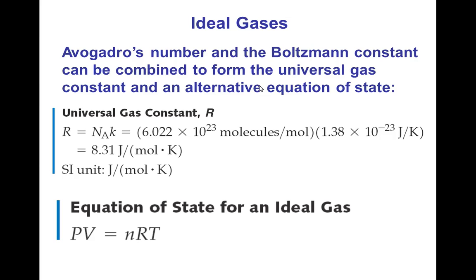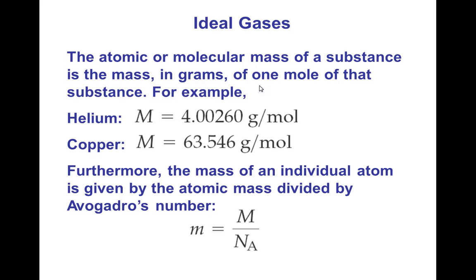So the gas constant, again, because this is physics and not chemistry, our R is a little bit different. The physics R is 8.31 joules per mole times Kelvin. Those are our units for R in physics land. It's just Avogadro's number times Boltzmann's constant gives us the universal gas constant.